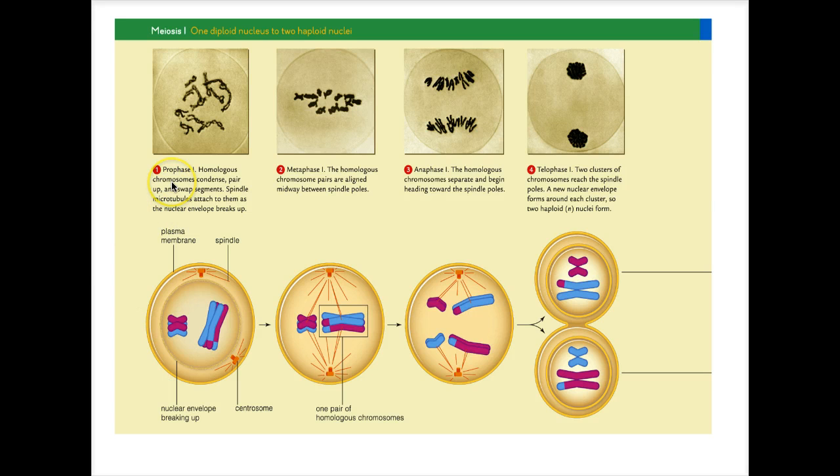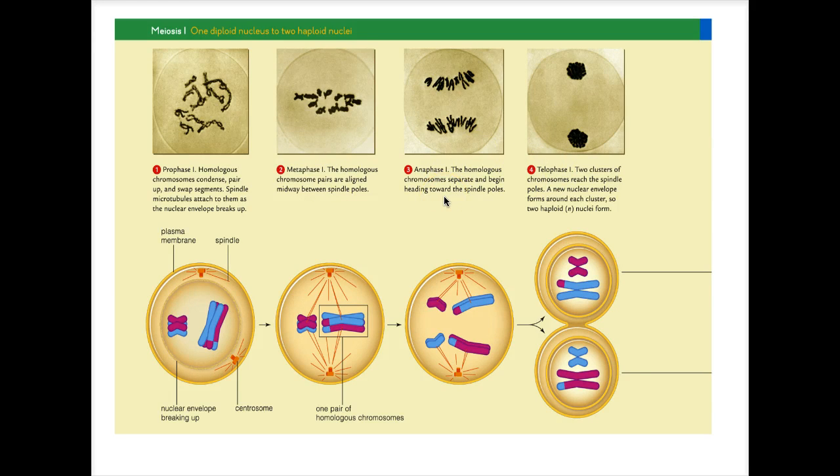No matter whether you're in prophase of mitosis or meiosis, you're going to have the genetic material condensing and the centrioles moving and forming spindle apparati. In metaphase, you're going to have the genetic material aligned at the center of the cell with the spindle apparatus holding on to it.